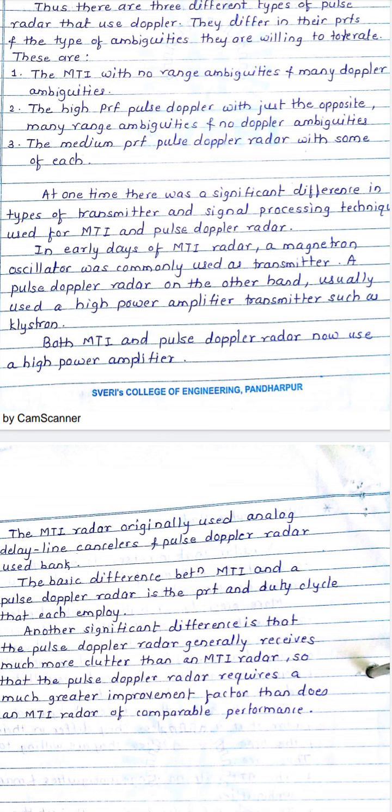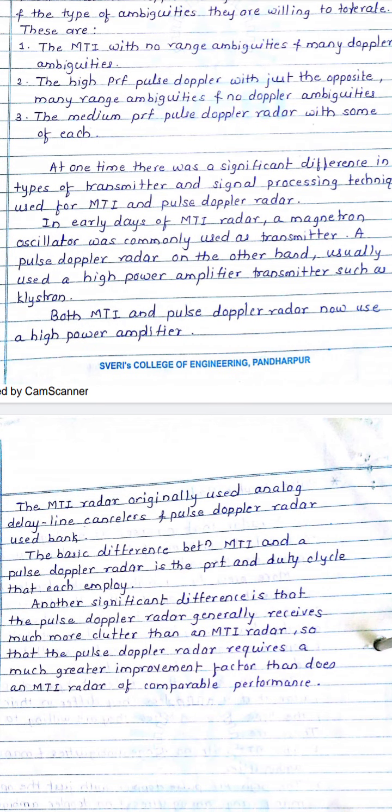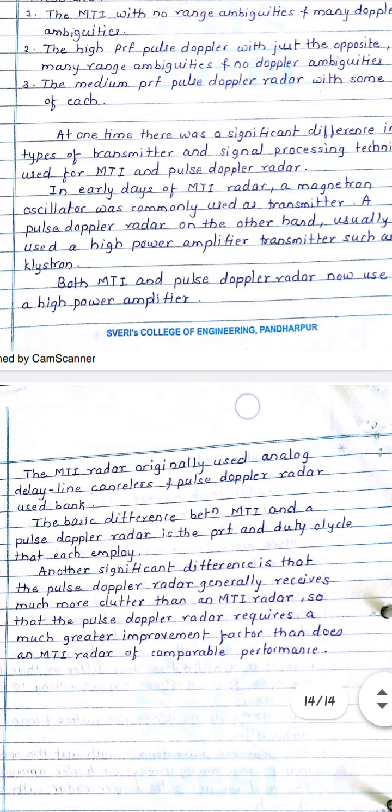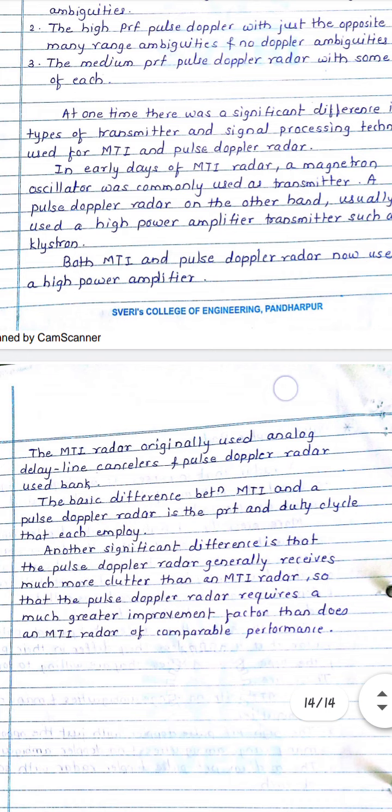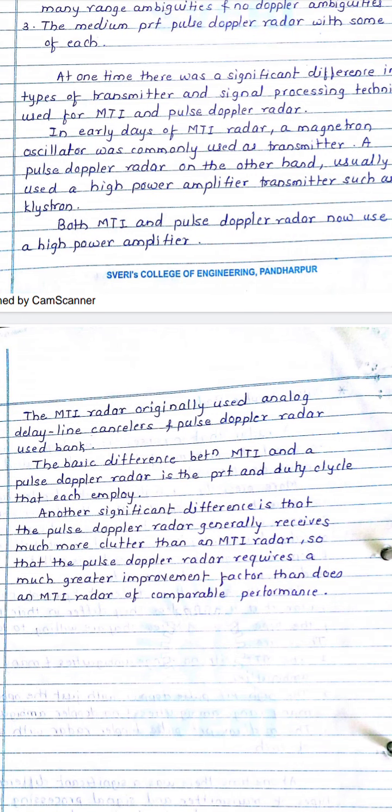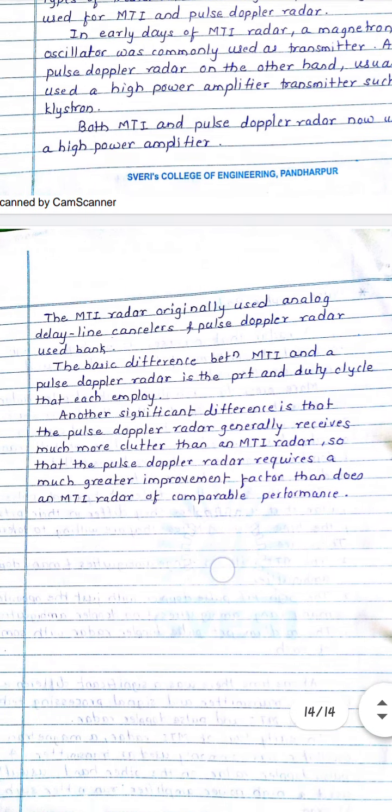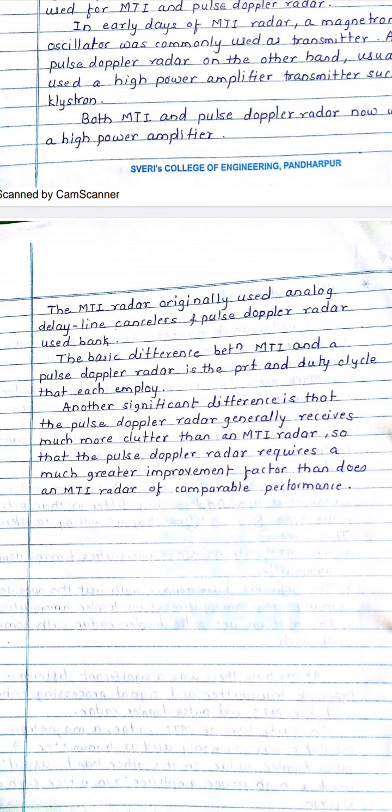A pulse Doppler radar, on the other hand, usually used a high power amplifier transmitter such as a klystron. Both MTI and pulse Doppler radar now use a high power amplifier. The MTI radar originally used analog delay line cancellers and pulse Doppler radar used a filter bank.